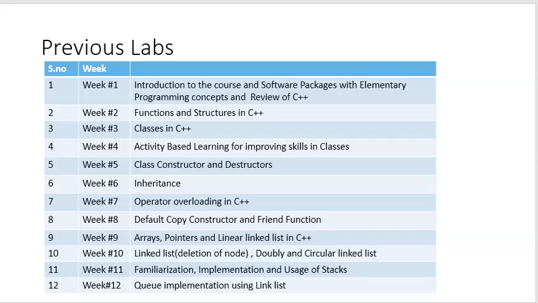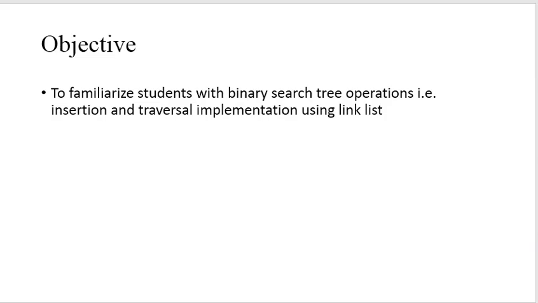We have done 12 labs in OOP and Data Structures lab, and today is our 13th lab. The objective of the lab is to familiarize students with binary search trees, operations, insertion and traversal implementation using linked list. In this lab we will create a tree by inserting nodes into it, and we will create the nodes using the linked list concept.